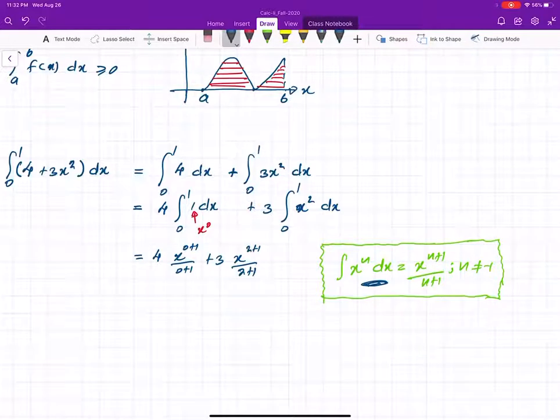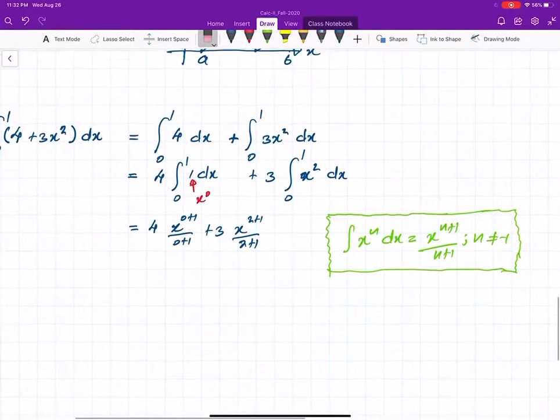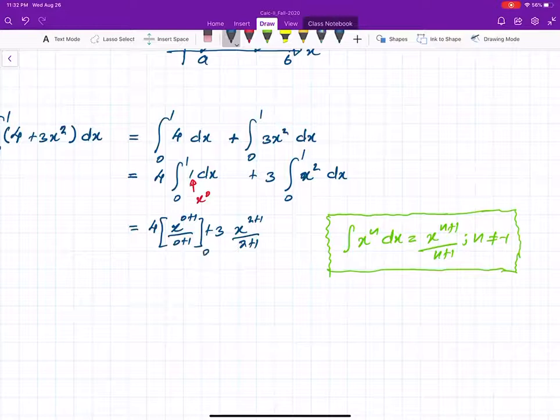Let me delete this. All right, now you have to apply the limits. Normally after integration I just write limits like this. That's my way of writing the limits. Okay, your way might be different.